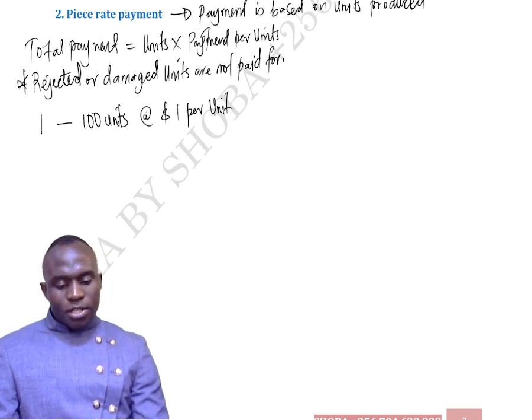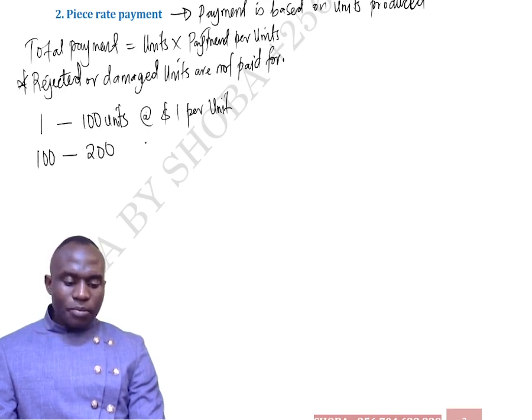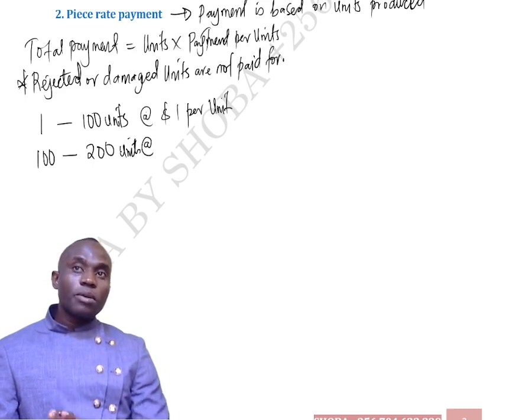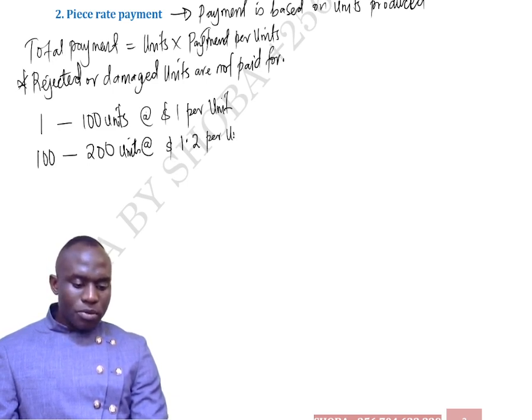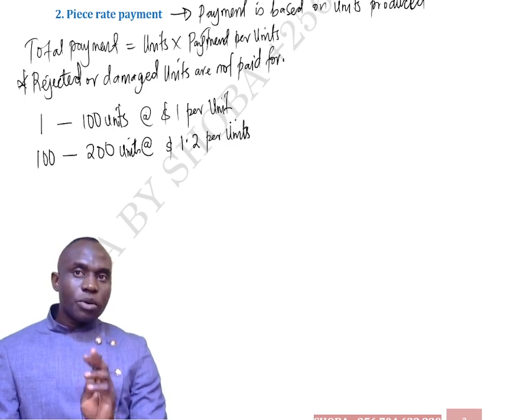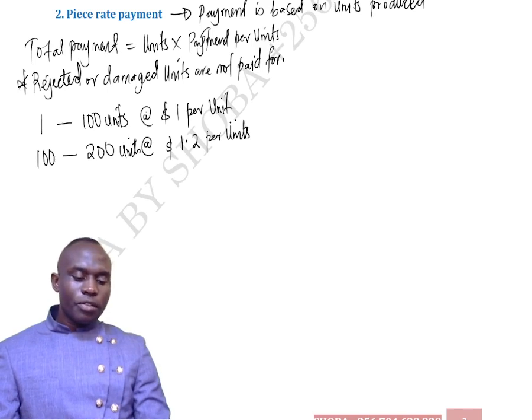For example, if you produce more than 100, so from 100 maybe up to 200 units, before we were paying $1 per unit. So when you go beyond that, maybe we are paying $1.2 per unit. So you see there is an increment of $0.2 for every unit beyond 100.